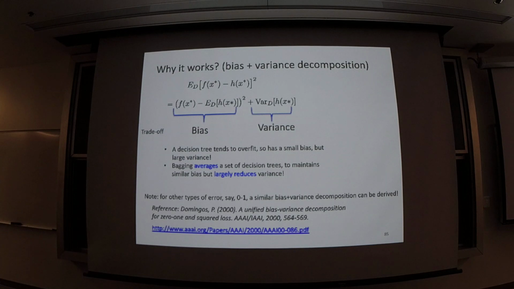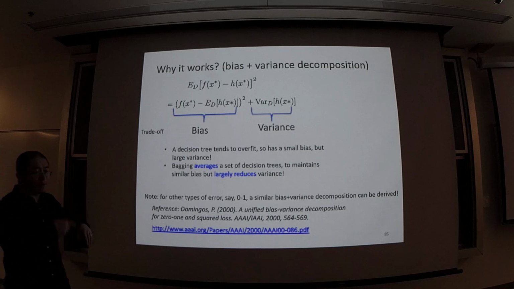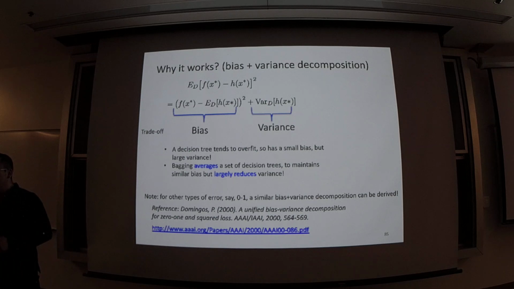Someone asks: you're talking about the square error metric, but what if I do not use square error, because I'm more interested in binary classification? Do we have a similar kind of bias-variance decomposition? The answer is yes, but we're not going to talk about that.